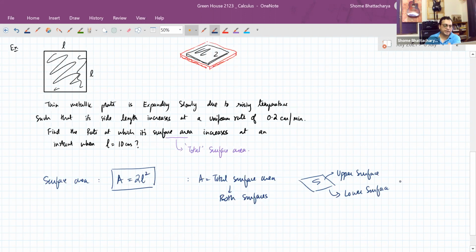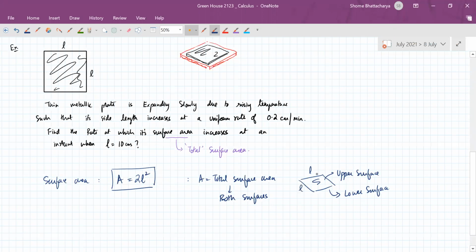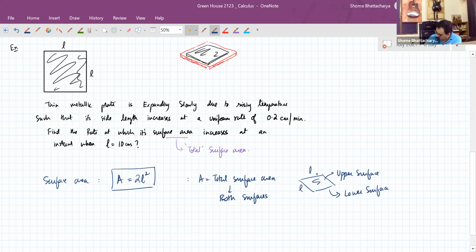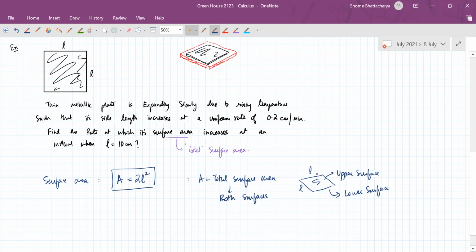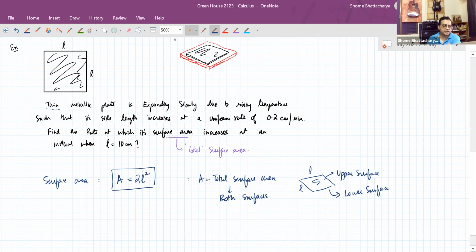For example, if you want to paint this metallic plate uniformly everywhere, how much area do you have to cover with paint? It's not L square, you have to cover 2L square, because both the upper surface and the lower surface have to be covered. We are considering the width of the plate to be negligible. It's a thin plate, so we'll assume it's like a thin sheet which is of square dimensions.